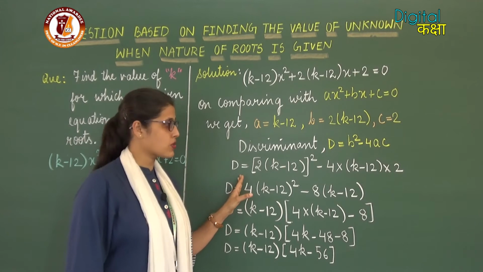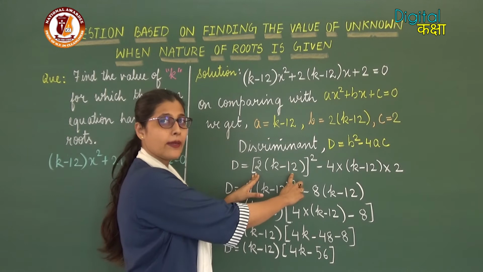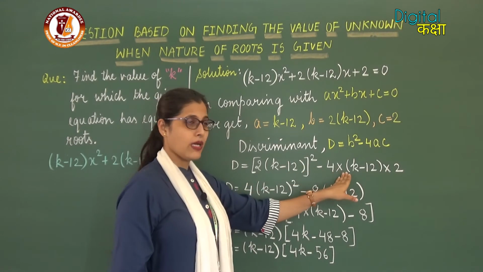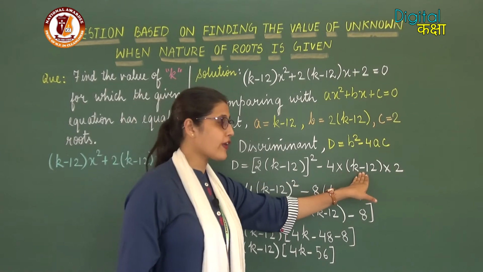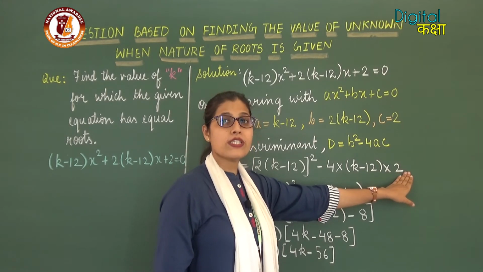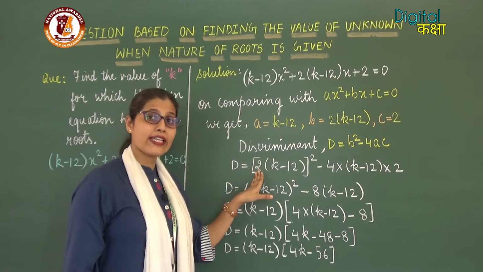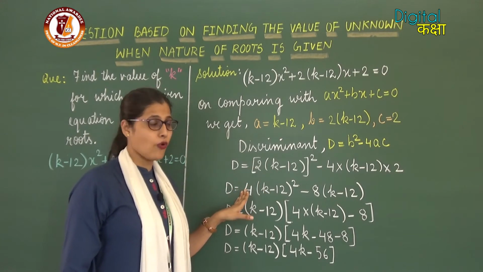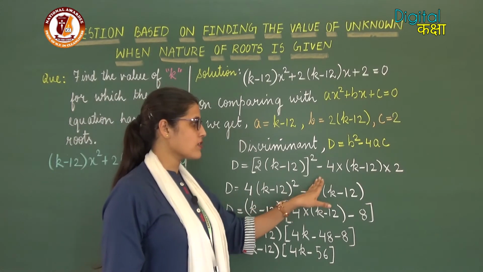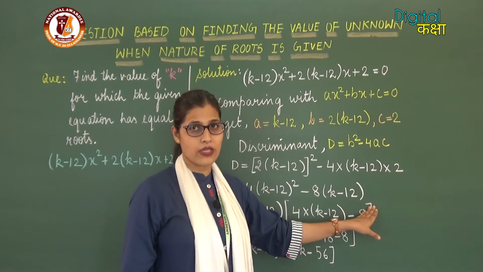Therefore, D equals, in place of b, I will be writing [2(k − 12)]² − 4 multiplied by the value of a, which is (k − 12), into 2, which is the constant. Here we will be squaring 2, so we will be getting 4(k − 12)² − 4 × 2, 8, multiplied by (k − 12).